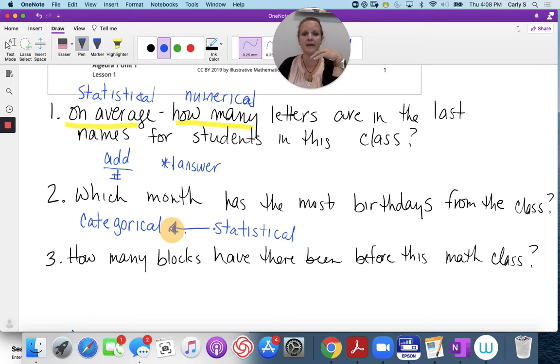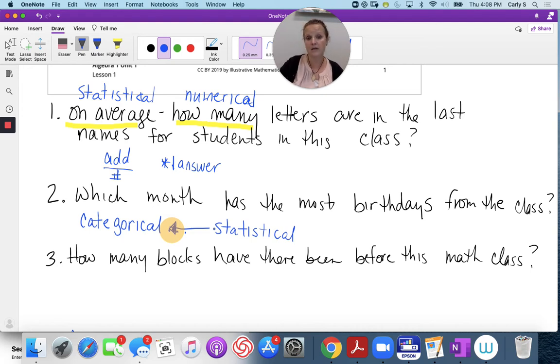There can be a highest, a month that's going to get the most hits, but there's nothing numerical we can do with it. So it's a very statistical question, but we can't number it. We talked about numerical data being, what's the term? Ordered in a natural way. I can't do anything with that.